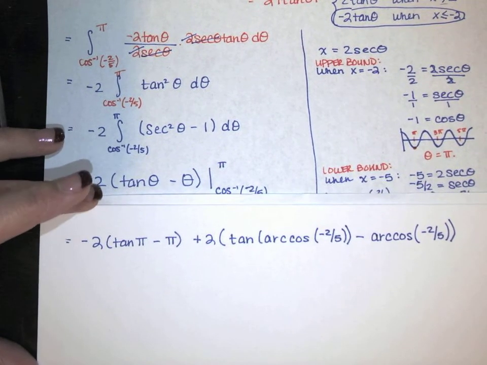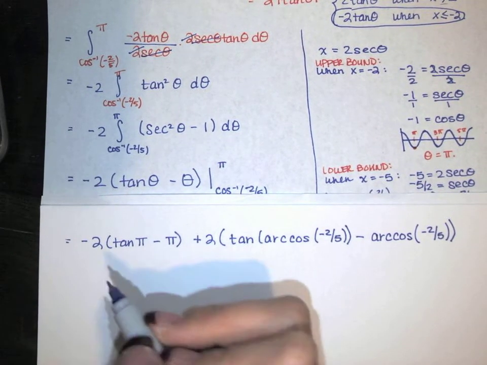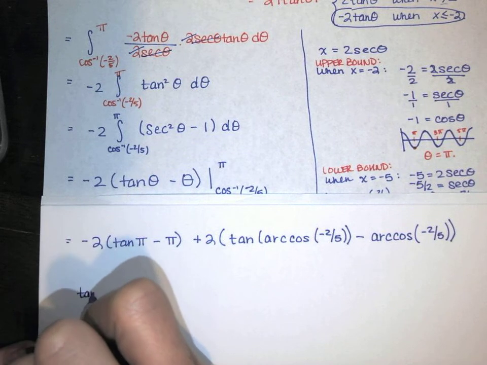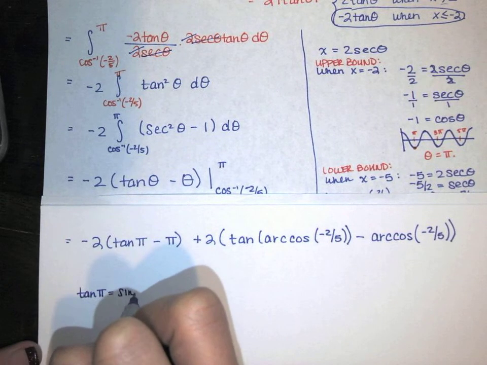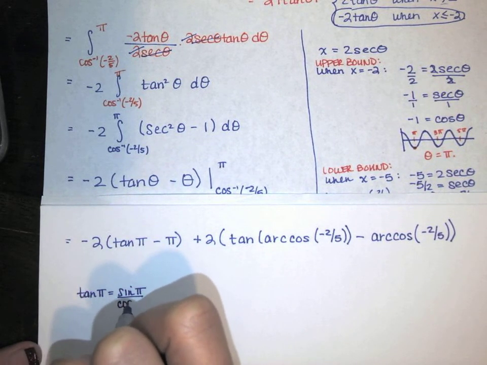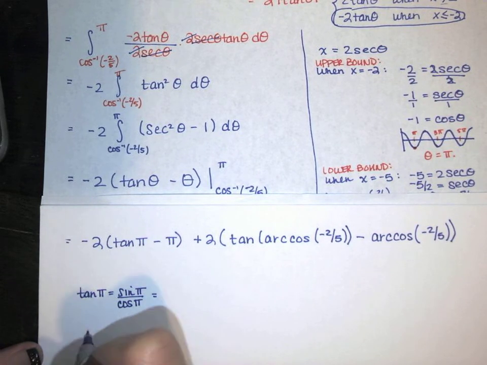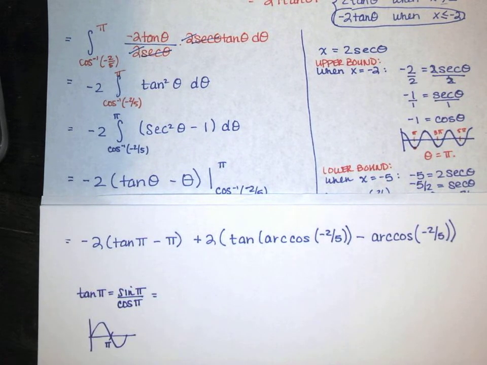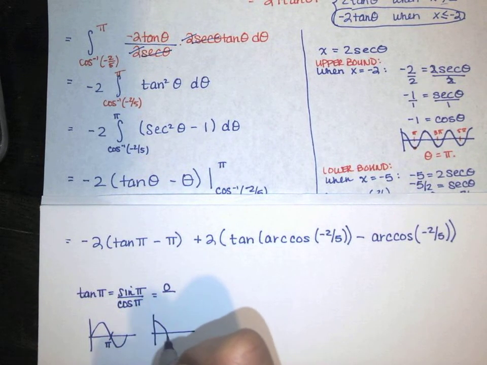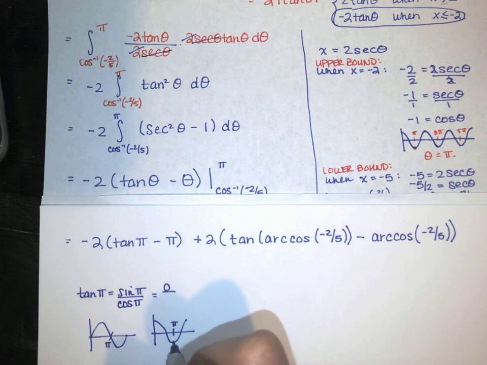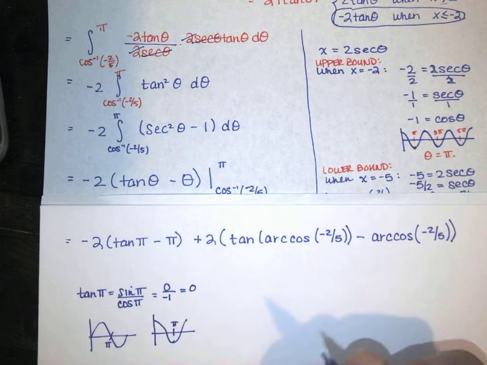It's tangent of pi. You guys remember tangent of pi? Well, tan pi is sine of pi over cosine of pi. Remember sine of pi? Sine of pi is 0. So this is 0. And cosine of pi is negative 1. So that's 0.